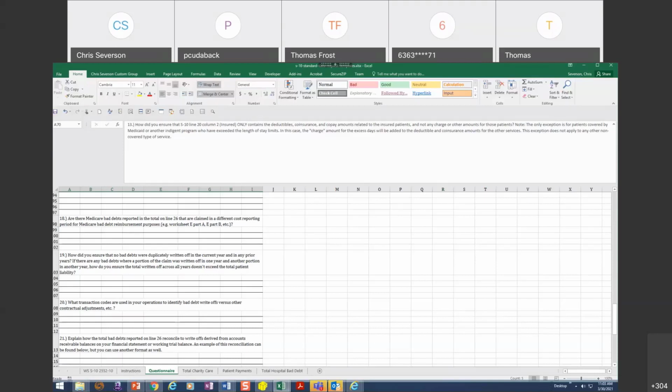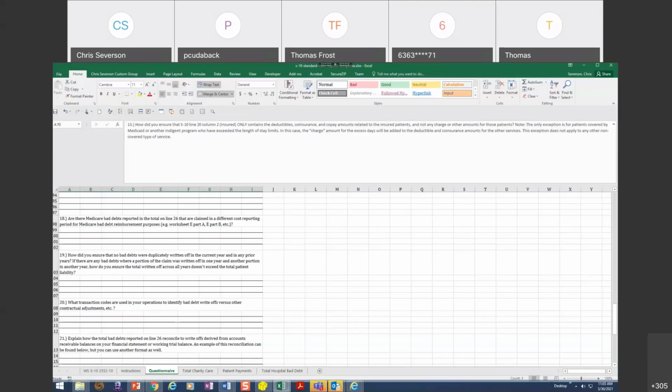And let's see, in our internal review, we found that a few accounts were written off in excess of charged errors, or charges in error. Can we report the appropriate charity care amount and have the correction posted in the current year? So a few accounts were written off in one year, and it was more write-off than should have been reported.